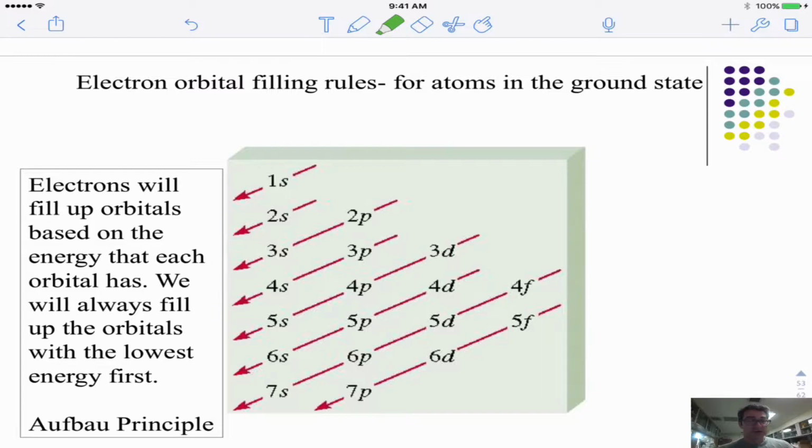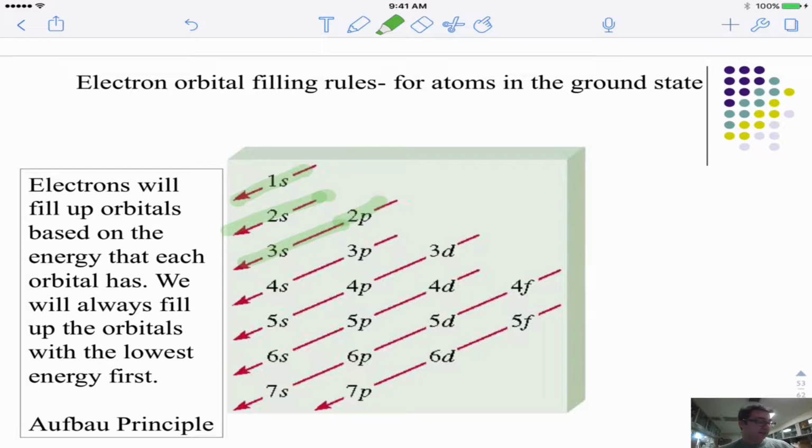The first sub-level and energy level to fill up is 1s. Once 1s is occupied with 2 electrons, the repulsions become so great in that very small orbital that they're forced into the next largest orbital, which is 2s. Once 2s is completely filled, the next to fill up is 2p, followed by 3s.